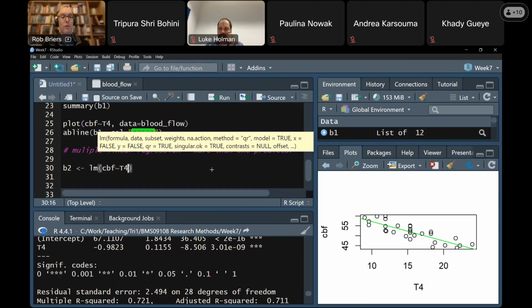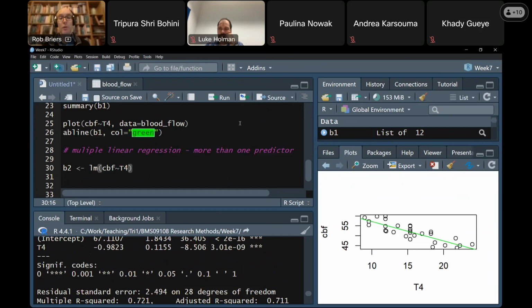Previously we just had T4. But we want to see if T3 and cortisol are important as well, so we put those in as well. Now this time we put them in with a plus, because we're interested in them independently. So we put all three things with a plus in between each one to say, okay, well, what's the effect of T4, what's the effect of T3, and what's the effect of cortisol?